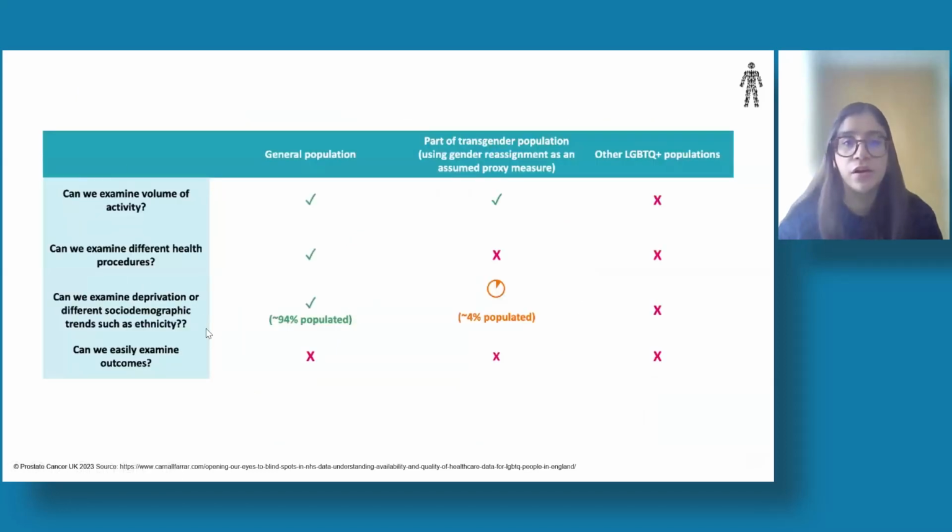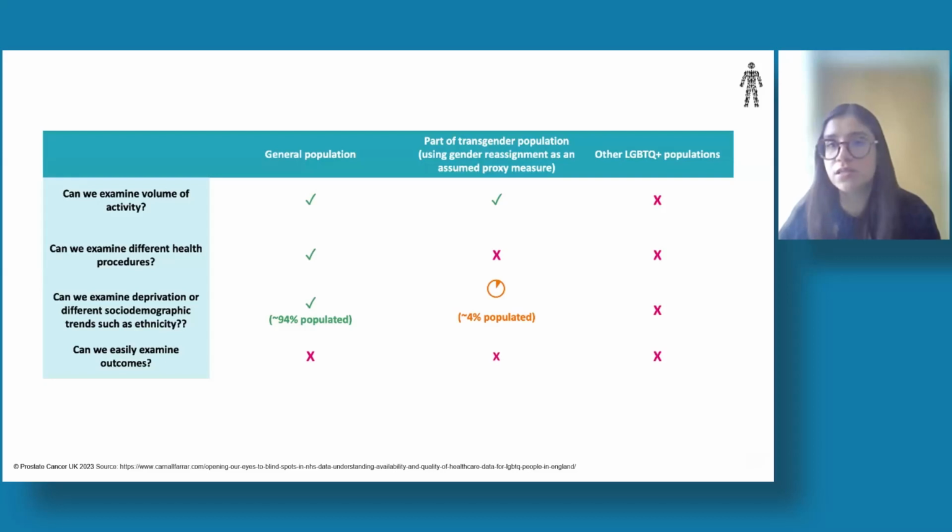In here, we are looking at things that we can examine in the different data sets. Can we look at volume of activity? Can we look at differences in procedures? And can we look at deprivation and different socio-demographic characteristics, trends such as ethnicity? You can see that in the general population, the data is fairly there, and we can answer research questions on this.